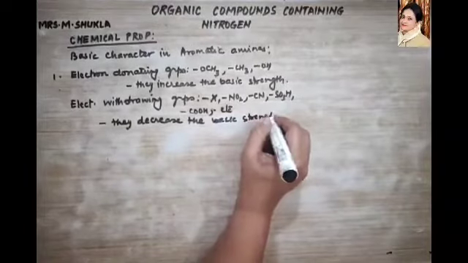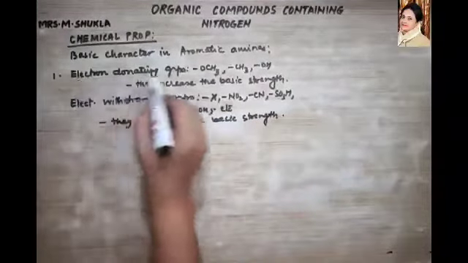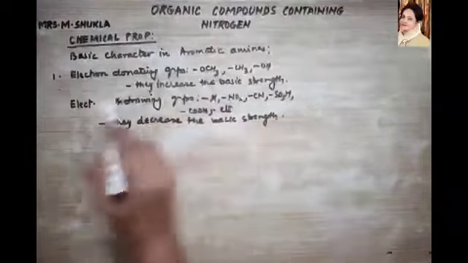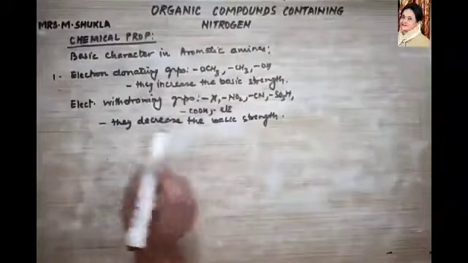Is this clear? So electron donating groups increase the basic strength, whereas electron withdrawing groups decrease the basic strength.